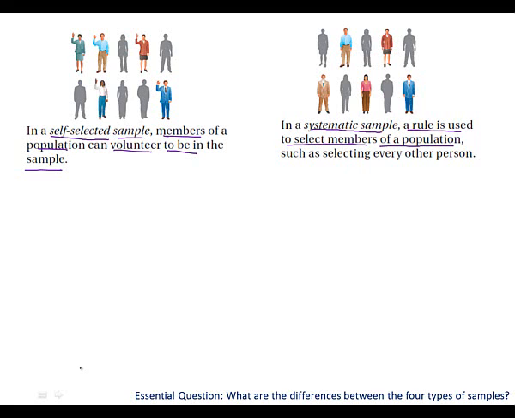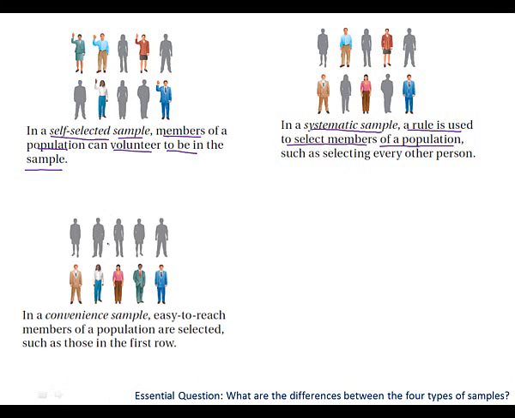Alright, the third type is called a convenience sample. Easy to reach members of a population are selected. So easy to reach members of a population. Like those in the first. The easiest thing to do for us to take a survey would be to survey our own class, right?